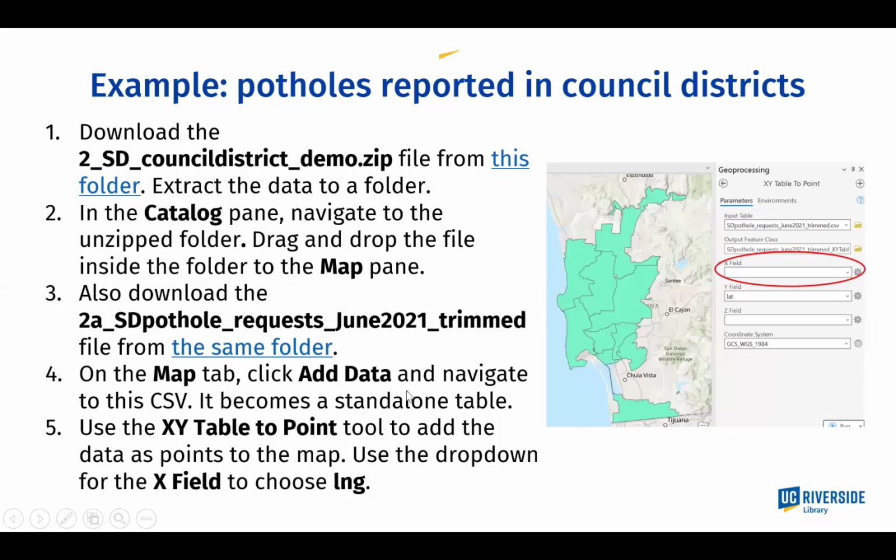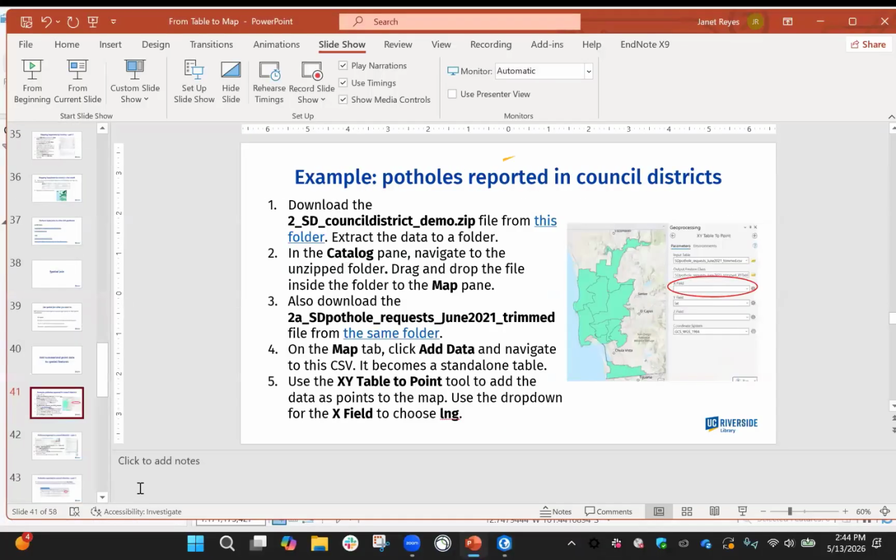Then on the map tab, you can go to the add data icon, click it, and navigate to that CSV, and that becomes a standalone table again. And then you would use XY table to point to get those data rows onto your map as points. I'm going to cut away back to ArcGIS Pro here to show you this.